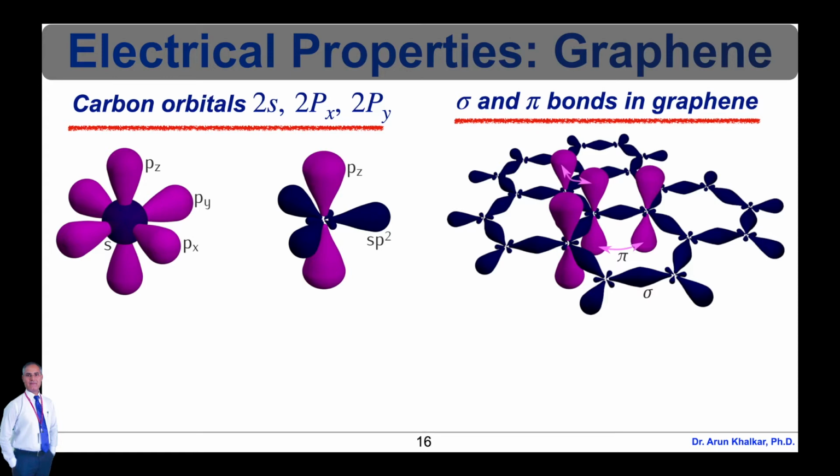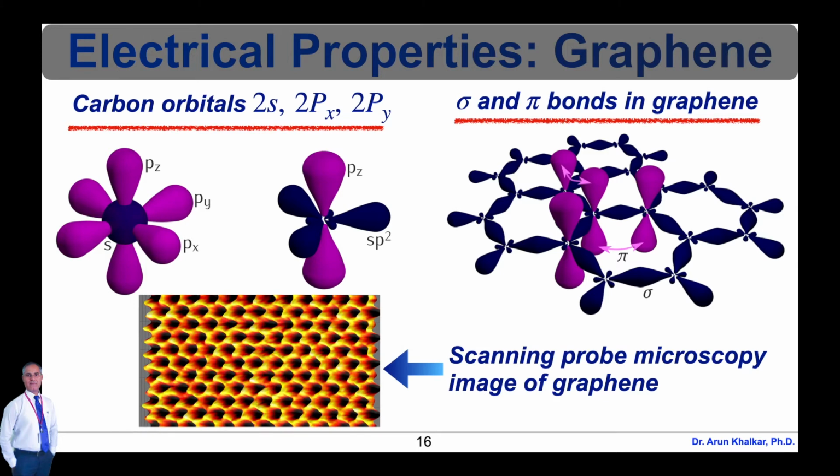These highly mobile electrons are called pi electrons and are located above and below the graphene sheet. These pi orbitals overlap and help to enhance the carbon-to-carbon bonds in graphene. Fundamentally, the electronic properties of graphene are determined by the bonding and anti-bonding, the valence and the conduction bands of these pi orbitals. The scanning probe microscopy image of graphene is shown here.